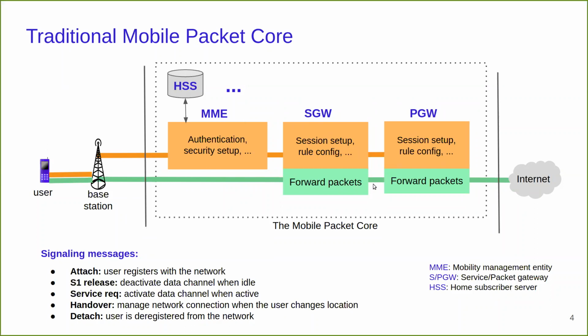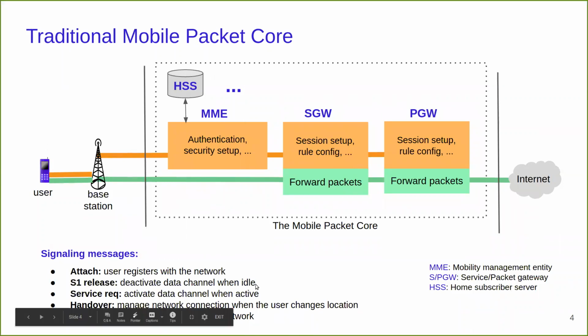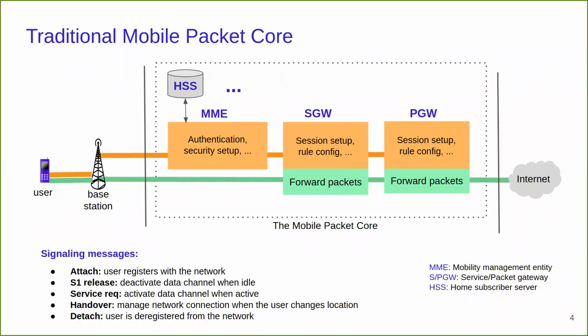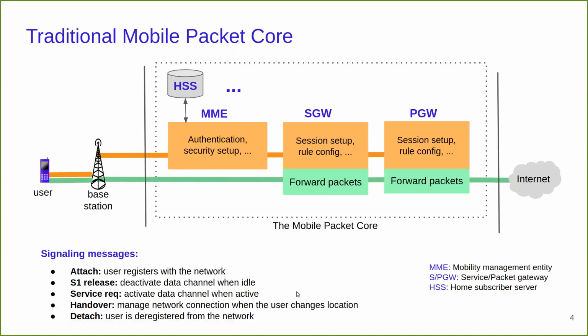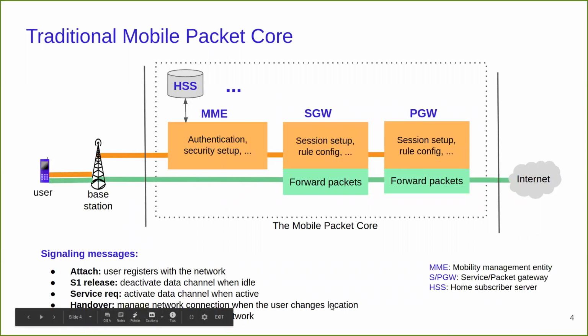If the user is idle for a few seconds, S1 release message is invoked, which deactivates the data channel. Service request message activates the data channel when the user or network wants to send data. Handover messages are used to manage the user's connection on the move. And lastly, detach message is used to deregister the user from the network.